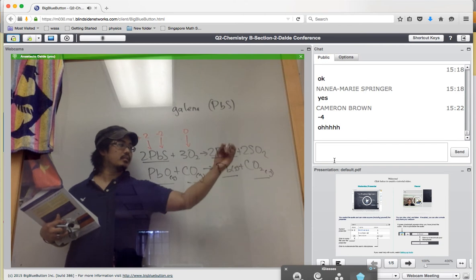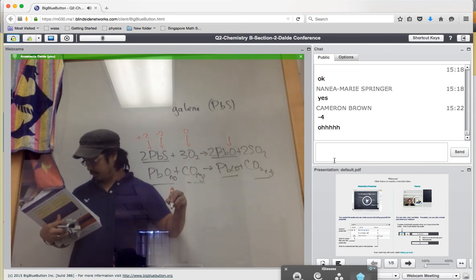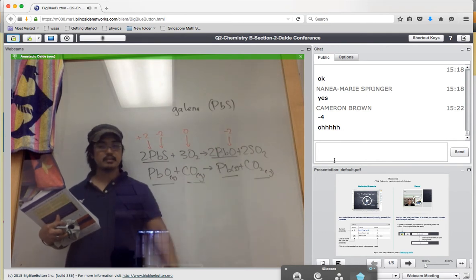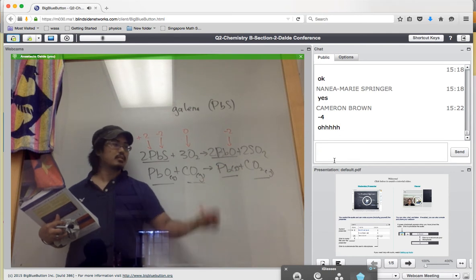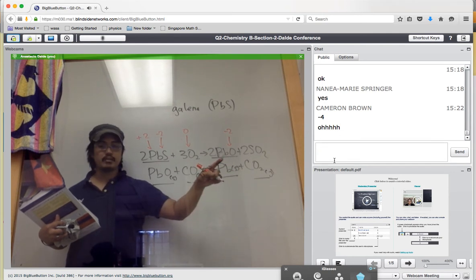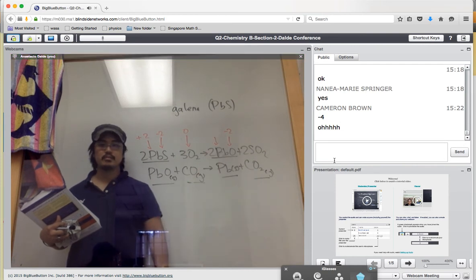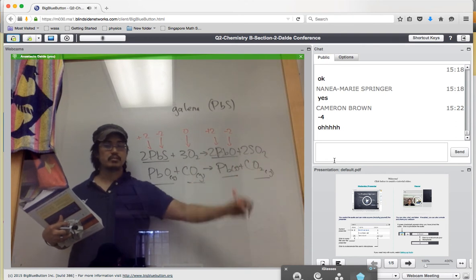Over here, oxygen has an oxidation number of what? -2 in this case, because it's not pure oxygen, we're talking about one oxygen. The lead over here has an oxidation number of what? Positive 2. What about the oxygen over here?